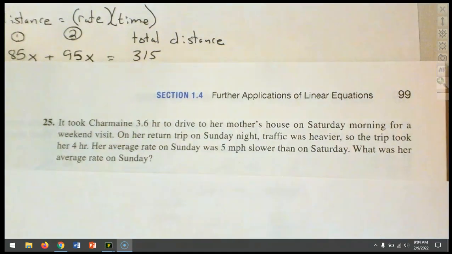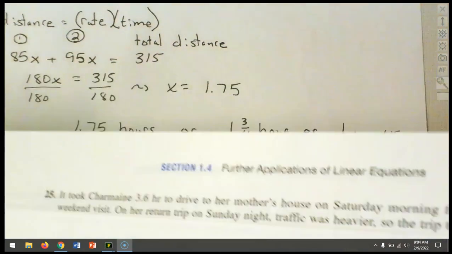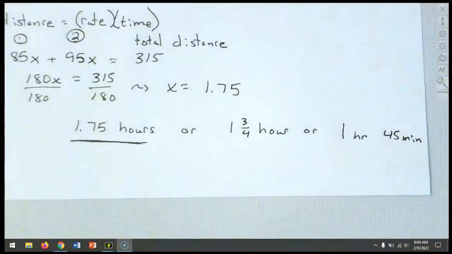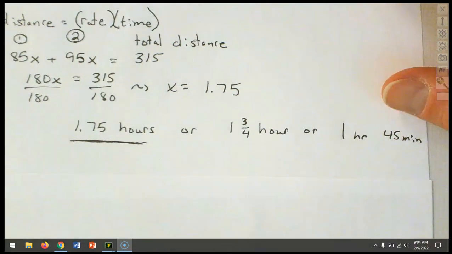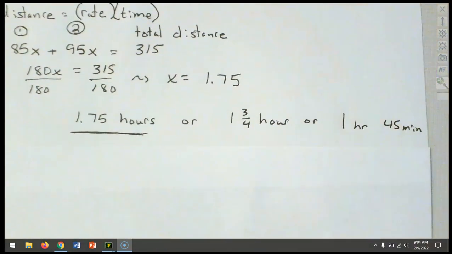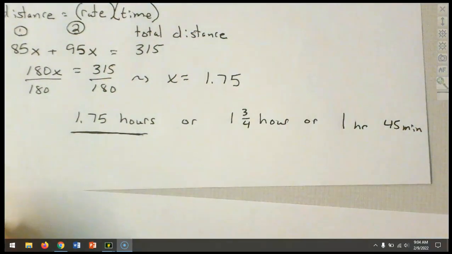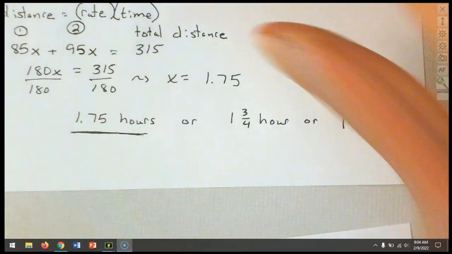Well, if we're going to your mom's house and we're coming back, that distance should be the what? The same, right? They should equal each other. And that is question 25. So if you're going there and you're coming back, they're going to equal.